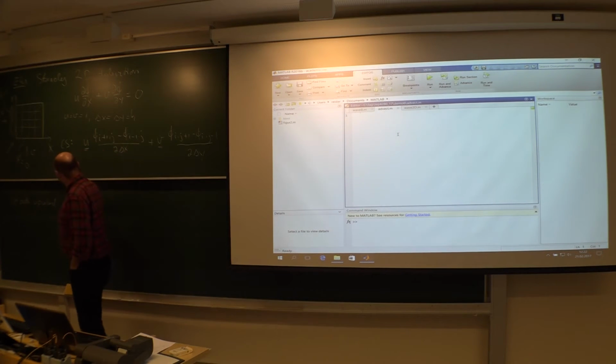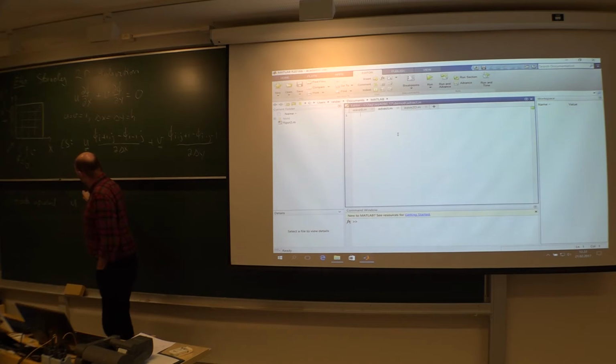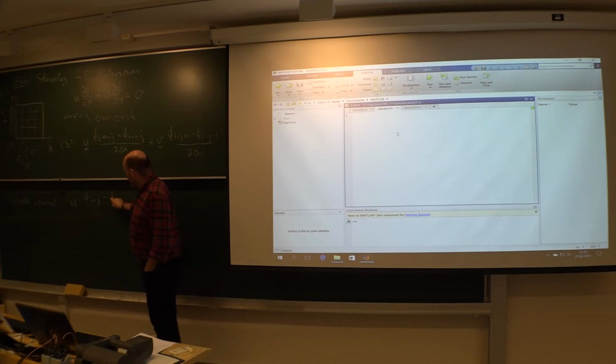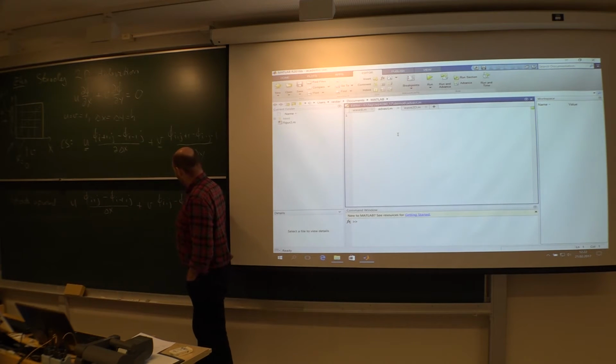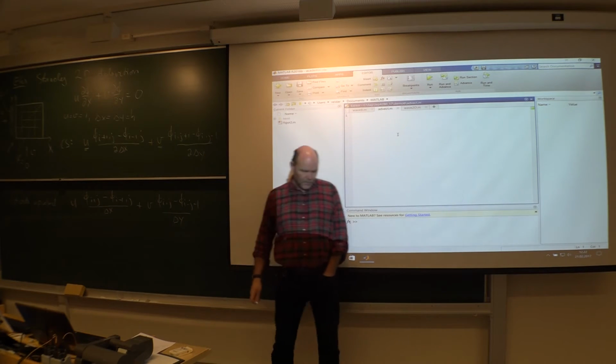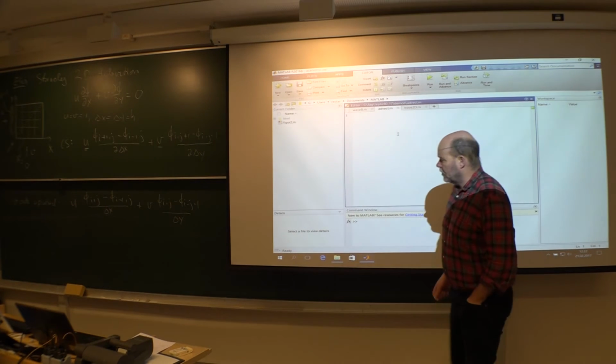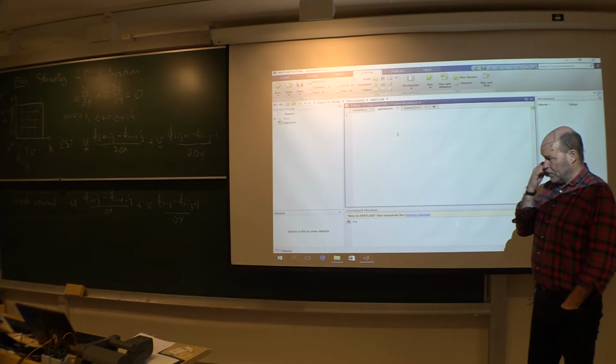So here you will have u times (phi i,j, the center point, minus phi i-1,j) divided by a single delta x. Same goes in the y direction, phi i,j minus phi i,j-1, and a single delta y.